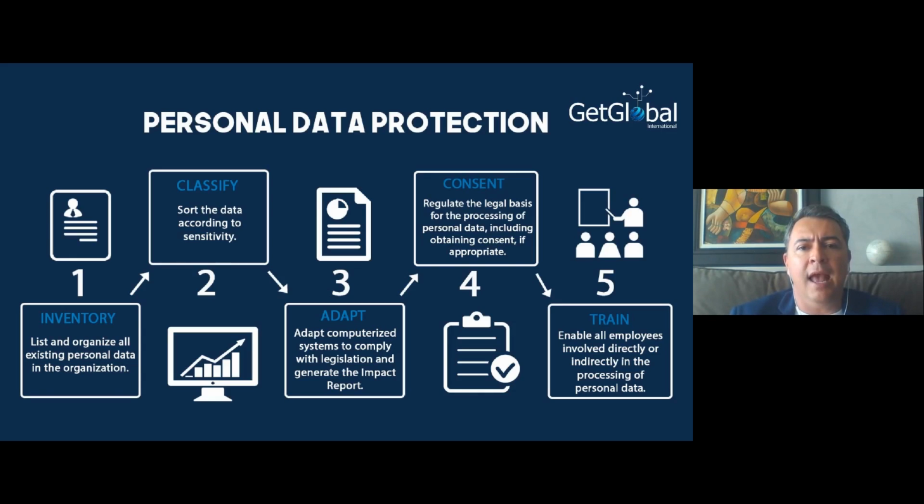if we take the GDPR as an example, under the GDPR, personal data is any information related to a person identified or identifiable. So a software would be able to identify personal data of an identified person, because a person who is identified is identified by their name, by their social security number, and things like that.